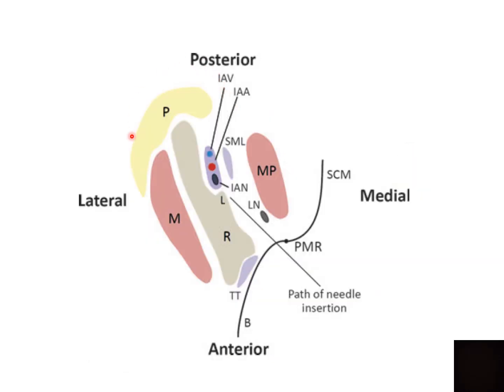This slide depicts some of the important anatomical structures which are relevant to the administration of an inferior alveolar nerve block. So just to orient yourself, this is the anterior side towards the lips, the posterior, medial towards the tongue, and lateral towards the cheek. R is the mandibular ramus, and on the lateral aspect of the mandibular ramus, you've got attachment of the masseter muscle, and on the medial aspect of the ramus and angle region, you've got the medial pterygoid muscle.